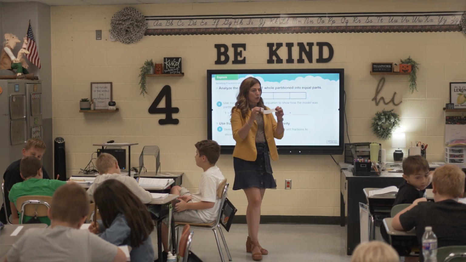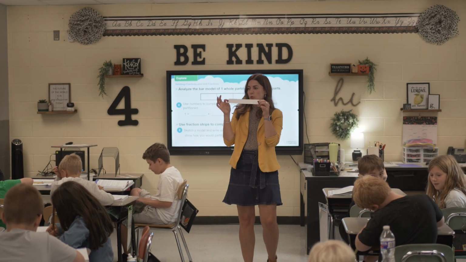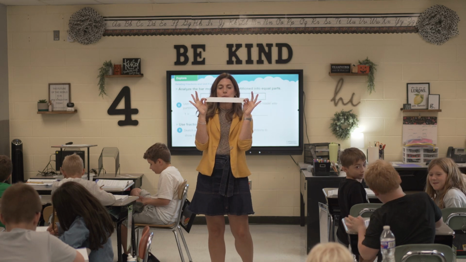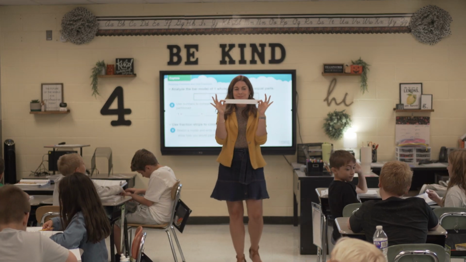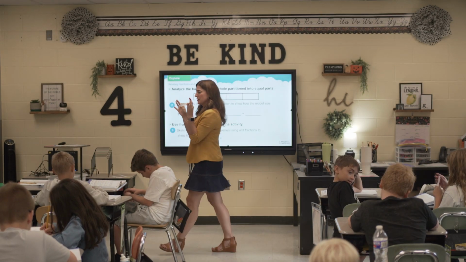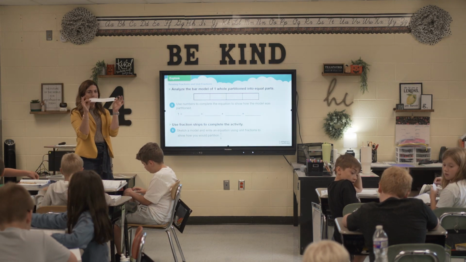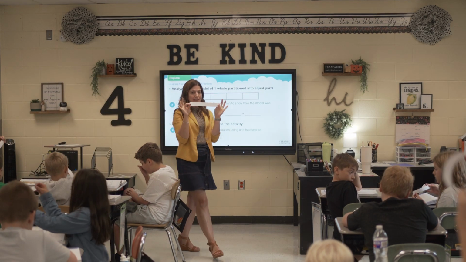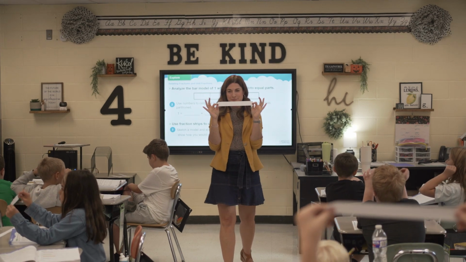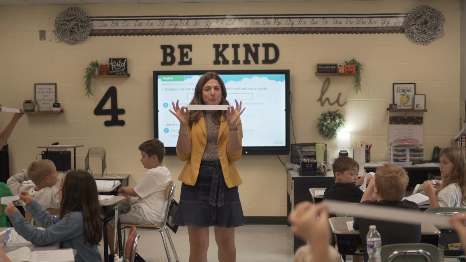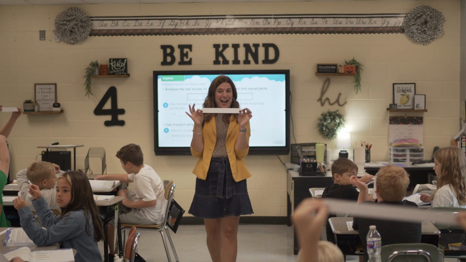All right, once you've done that, I want you to take one of your fraction strips and hold it in your hand for me. Just one. You're going to hold it up like this for me so I can see that you're ready. And we're going to do some partitioning.